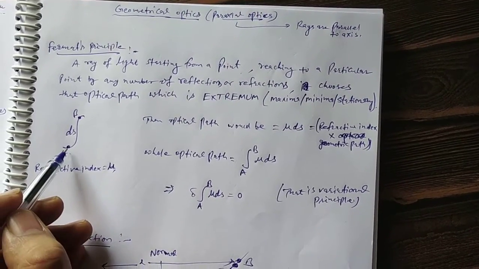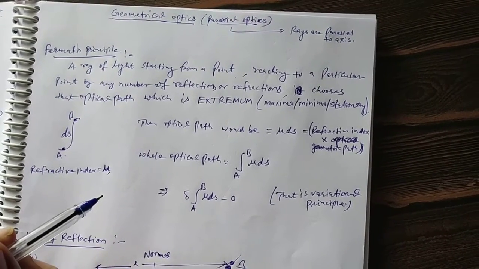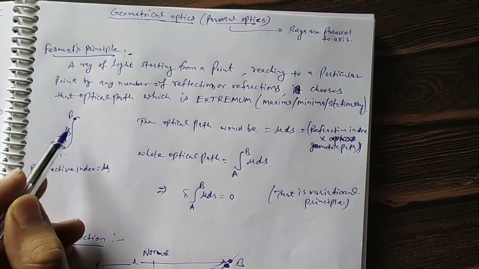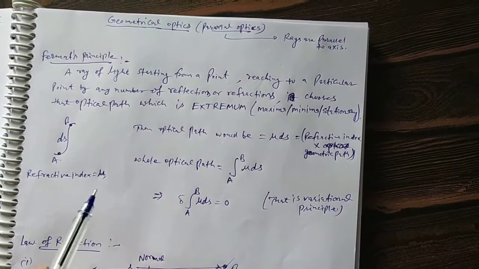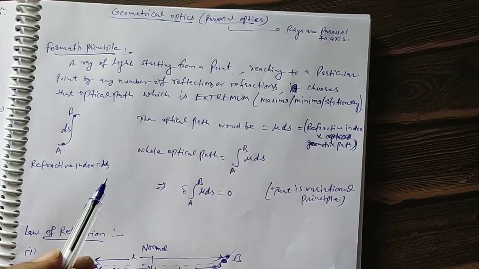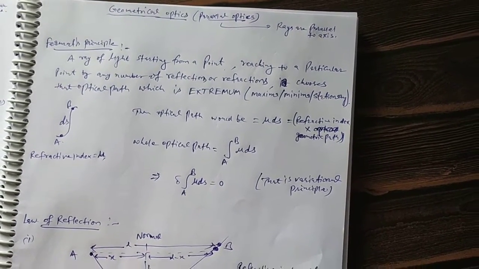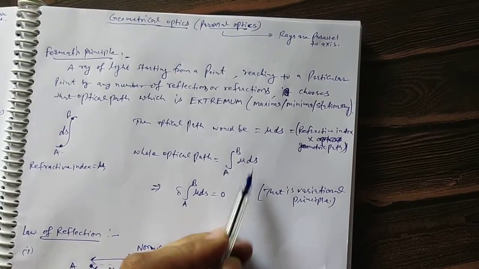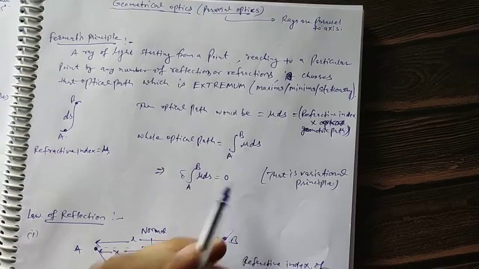Here the displacement is from A to B. If we calculate the whole optical path from A to B, we can integrate this, and by the variational principle, delta of this whole optical path is equal to 0, which means the change in this will be 0.